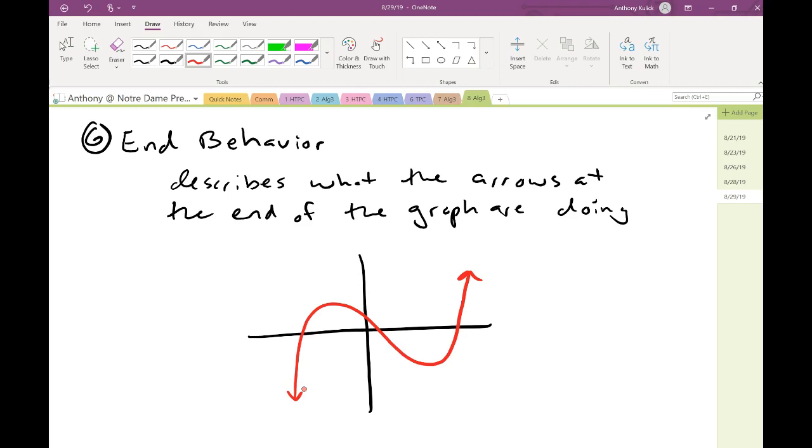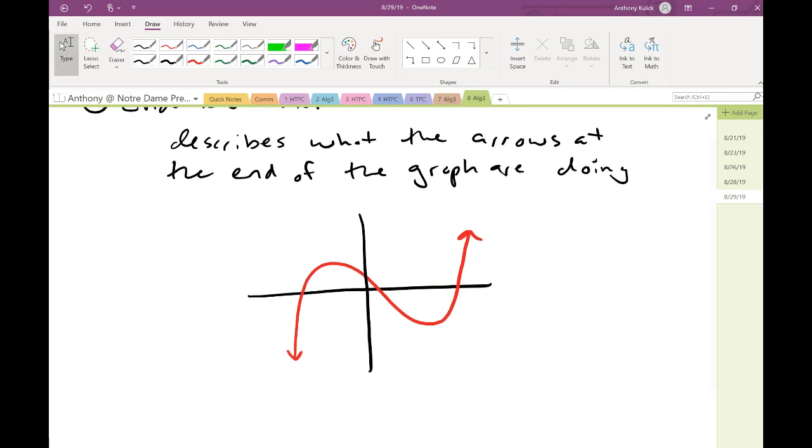So let's say we have this graph here. If I wanted to describe what the arrows are doing here, I have two arrows, right? How would you differentiate the names of these two arrows? What would I call, say, this arrow? How about the left arrow?